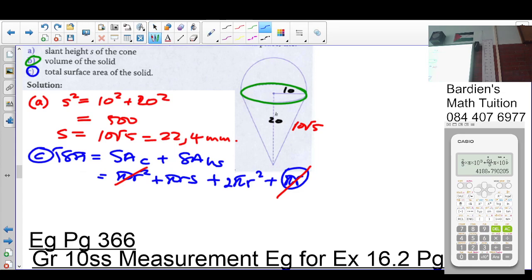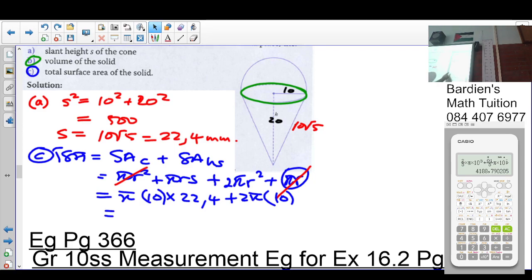Okay. So how do we work this out now? It's going to be pi, what's the radius, times the slanted height, 22.4, plus pi, the radius, 2 pi, and the radius is 10.